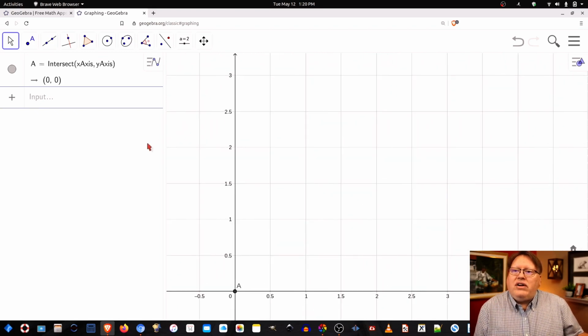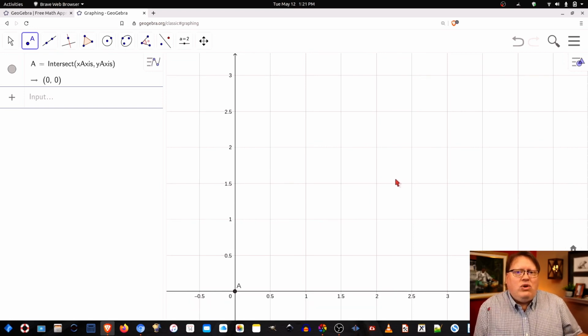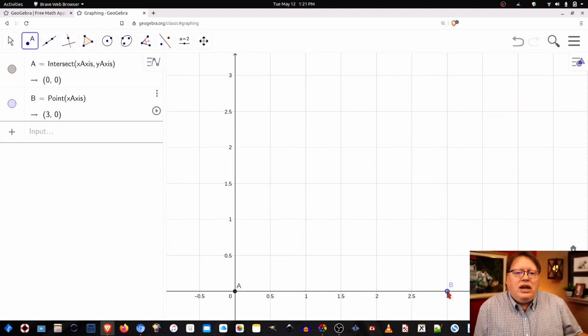About right there. Now our next point, if I click back on the point tool, then I am going to plot the next point, which is 3, 0. 3, 0 is located on the x-axis, is right here. And you're going to locate that point and click on it, and you can double check that is indeed 3, 0.